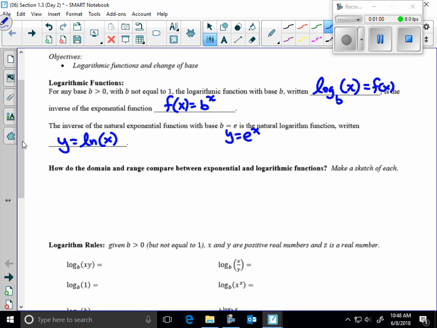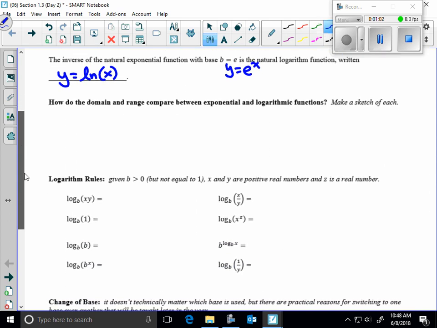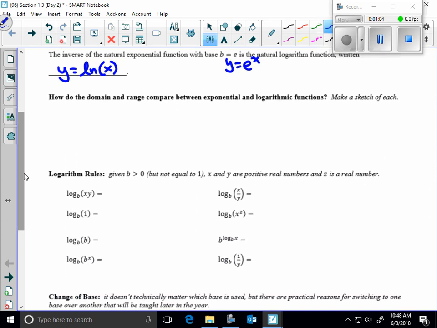How do the domain and range compare between exponential and logarithmic functions? Make a sketch. So let's sketch e to the x, and the natural log of x there.